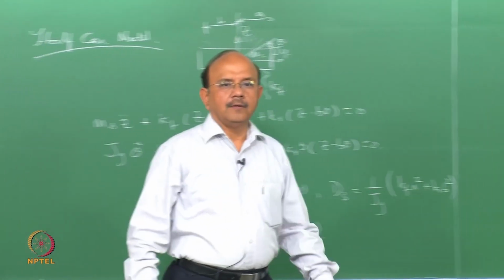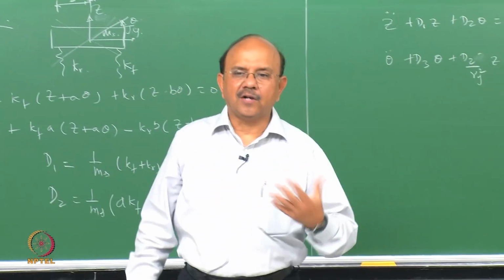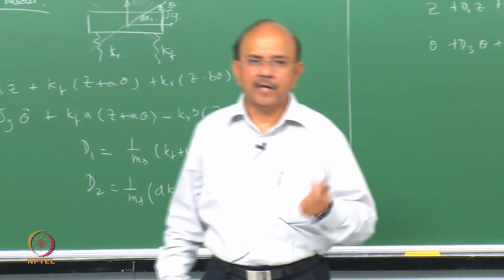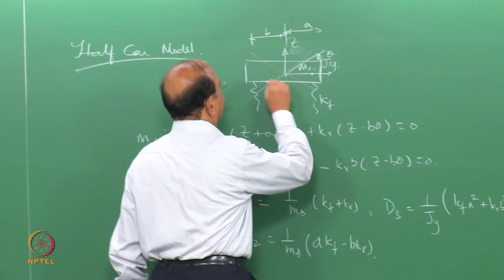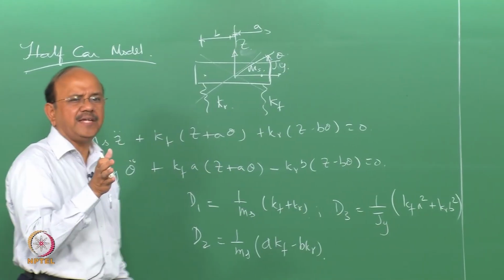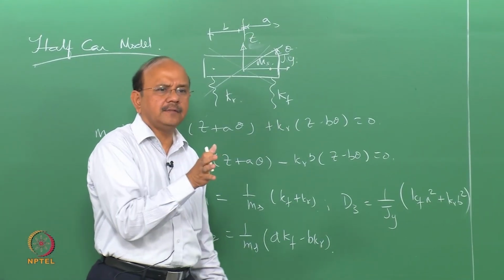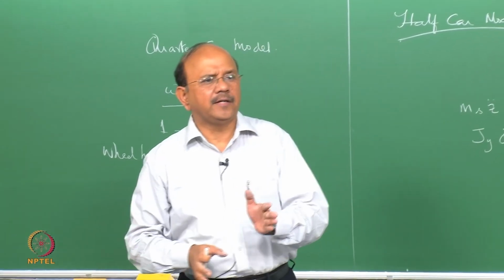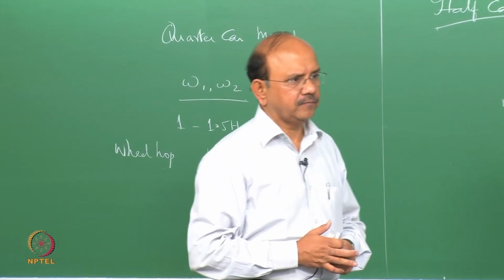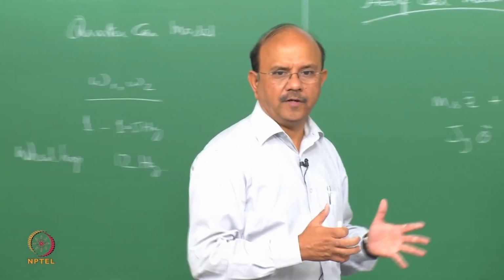We said that this is not a very desirable thing because we are not going to sit at the center of gravity location. In a car it will usually be slightly behind the front seat, but it may vary from car to car.